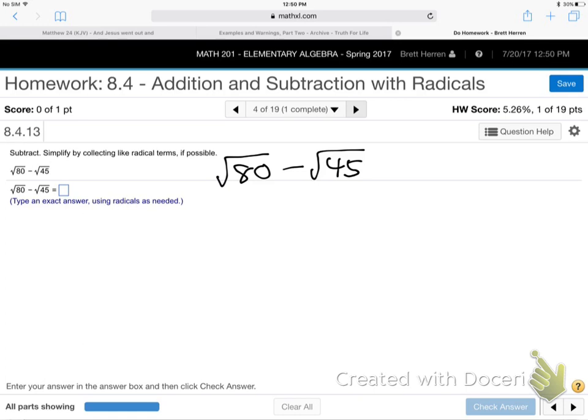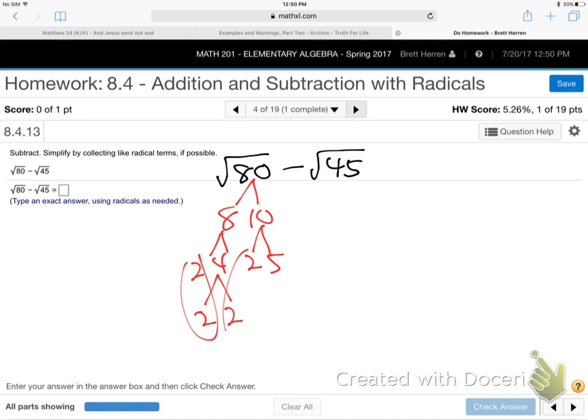All right, did you do it? Break down that 80. 8 times 10, 2 times 4, 2, 2. The 10 is 2, 5. Good? So there's the breakdown of the 80. Well, what do we got in there?